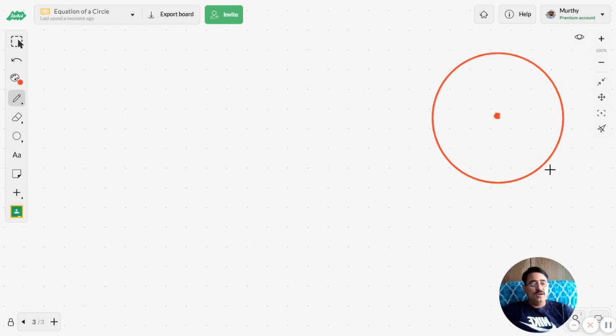Let me take this center as the point H, K, and a point is marked here whose value is x, y. Now, if you are asked to find the length of the radius, this is the question. Do you remember the distance formula? What does the distance formula say?